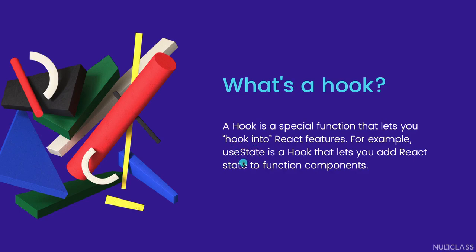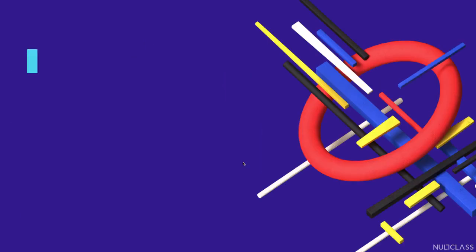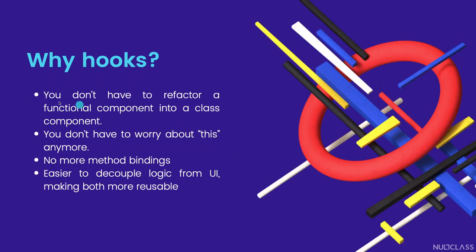We have many hooks. So why hooks? You don't have to refactor a functional component into a class component, because writing a functional component is easier than writing a class component. Consider an example where you are writing a functional component.